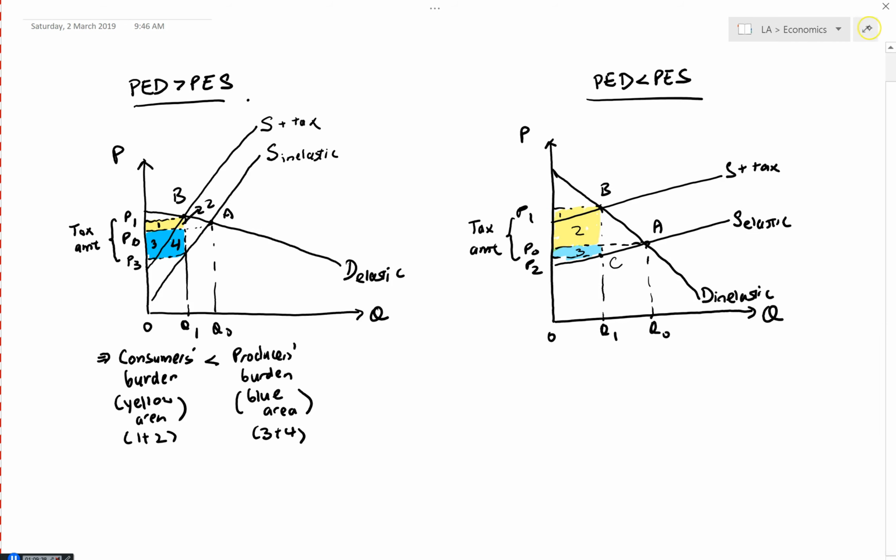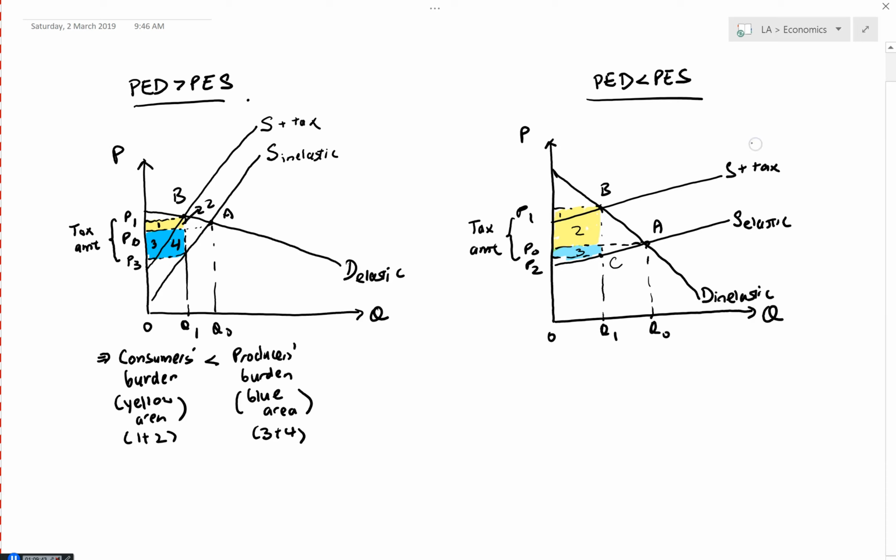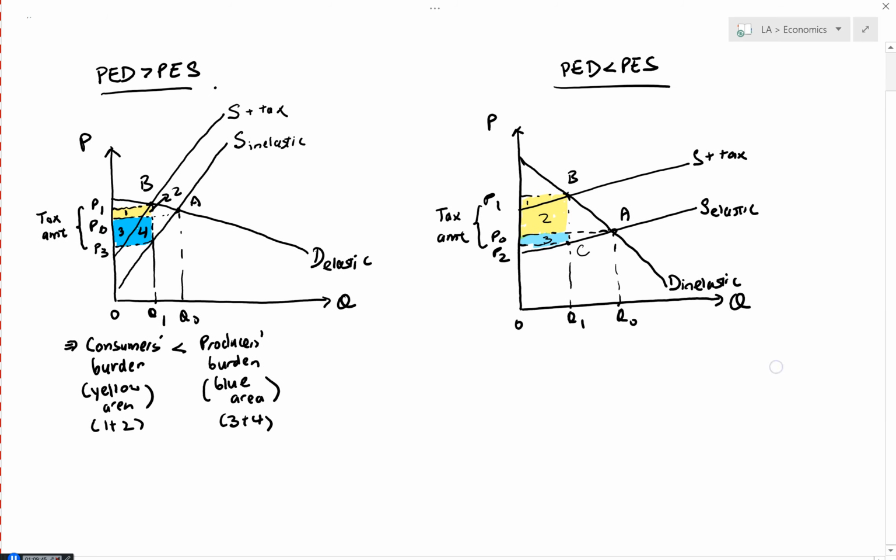Okay, you can label this as C here. So tax revenue equals P1 BC P3.